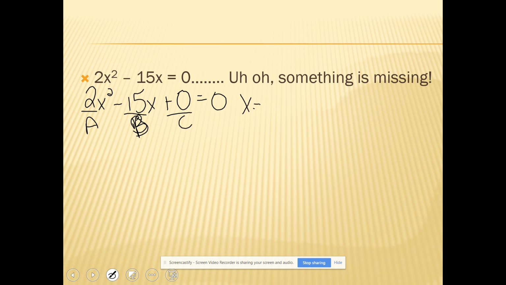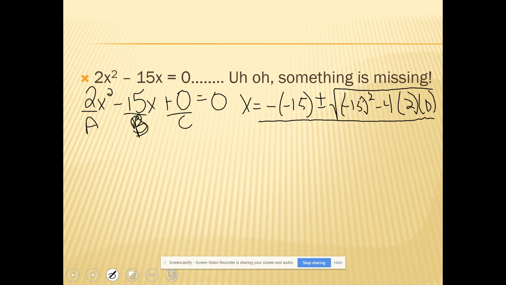So x is equal to negative b plus or minus the square root of b squared minus 4ac all over 2a. So our negative 15 becomes positive 15.